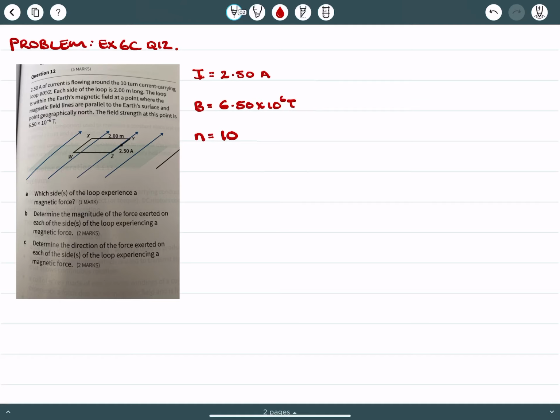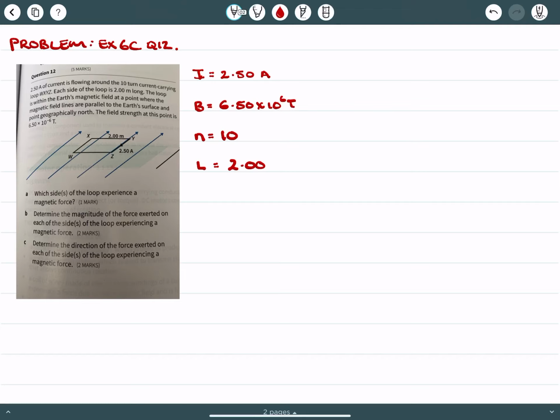Then we've got to talk about the length of the wire. All up, across a square, you're probably talking about 8 meters, but the wire is just talking about 2 lengths, and I'll go back and discuss why. So we're just going to put the length as 2 meters.